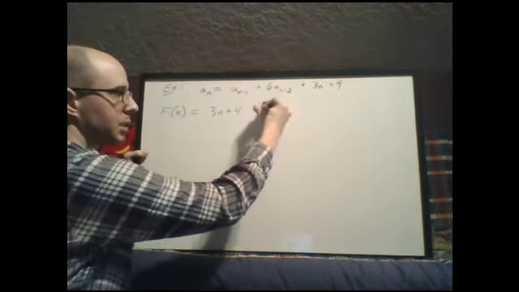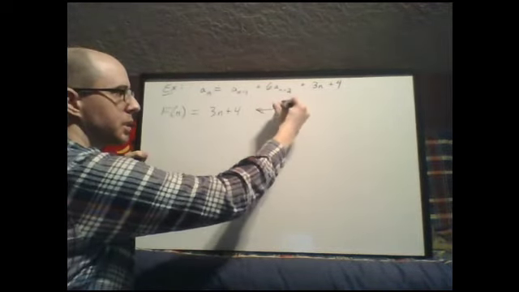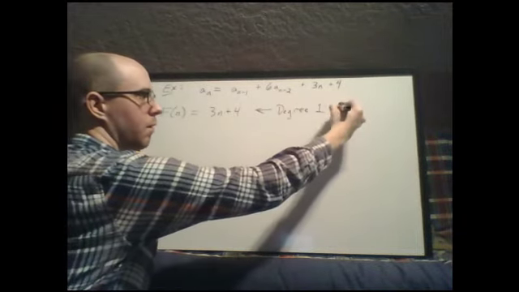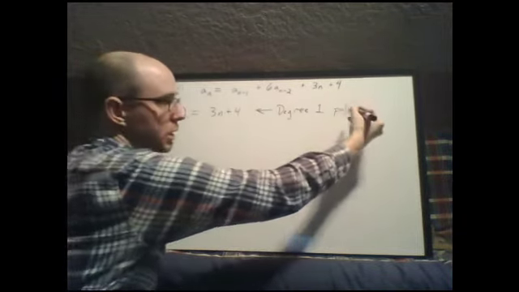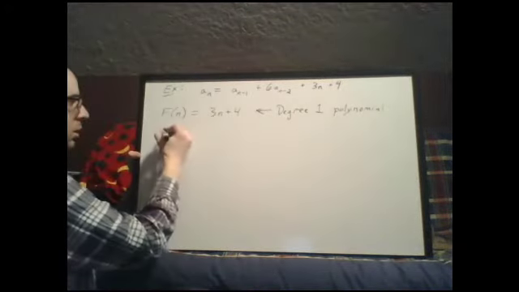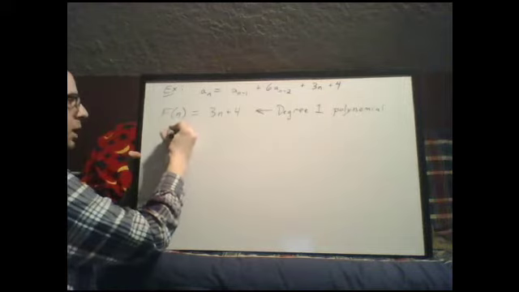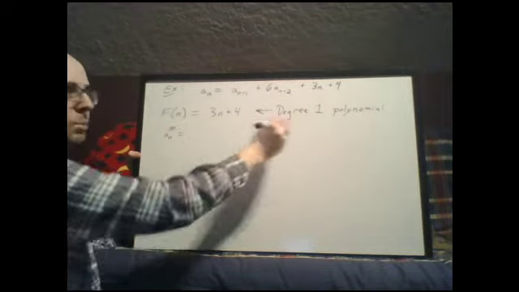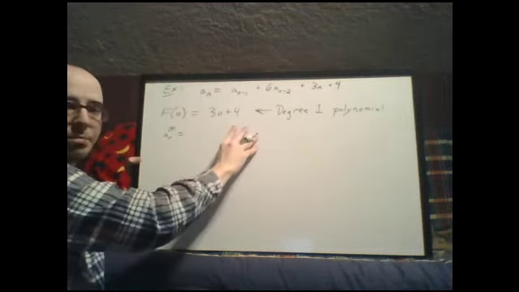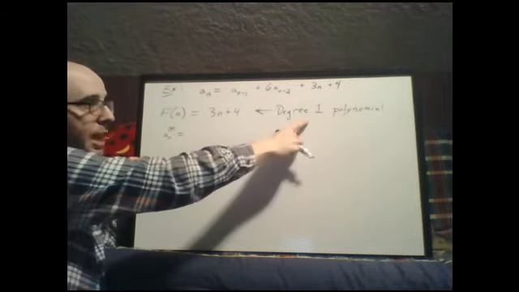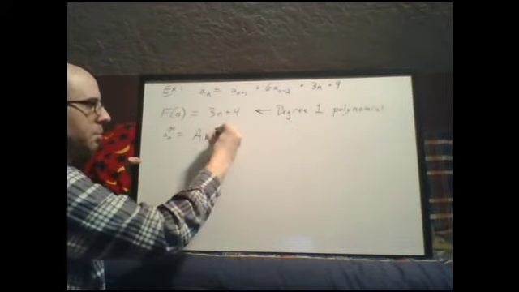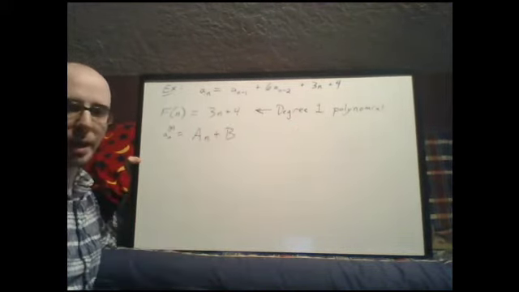In this case, it is a degree 1 polynomial, or a linear function. So our guess for a_n^(p) should be the same type. It's not going to be the same linear function, but it's going to be the same degree polynomial. So we'd say it's A n plus B for some A and B.